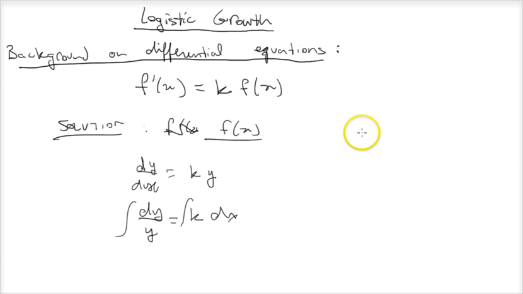Now, we also have differential equations that relate different derivatives to the function. For example, the second derivative of y with respect to x is proportional to y. Now this we cannot separate.